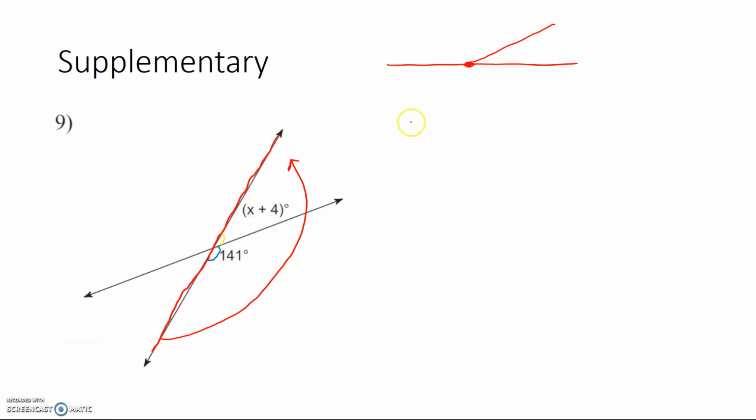Let's add x plus 4 plus 141. When I add both together, I should get a total of 180 because these are supplementary. Most of you are finding the shortcut: do I even need the parentheses? No. x plus 4 plus 141 is equal to 180.